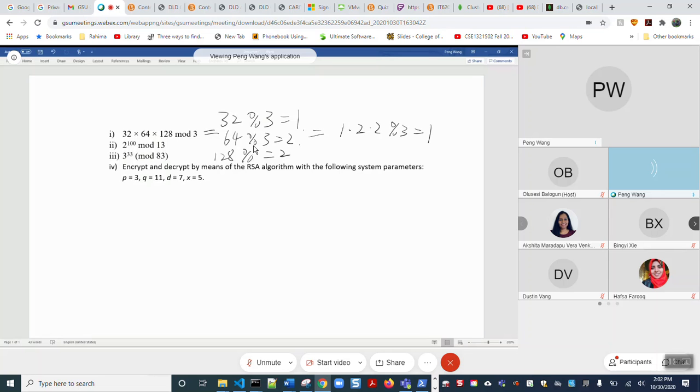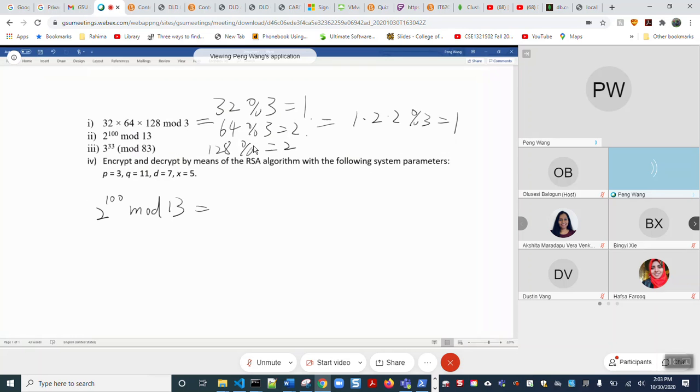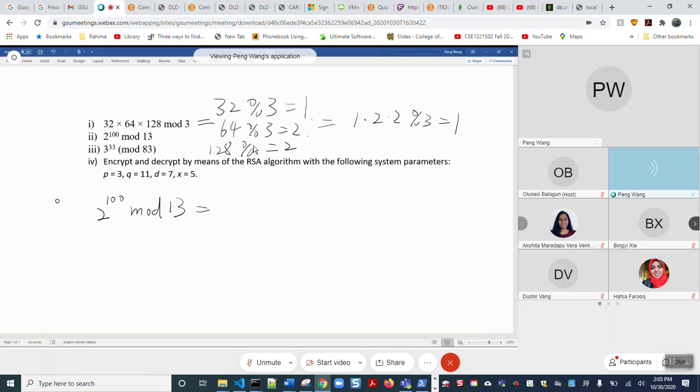And the second one is 2 power 100 mod 13. For this one, we need to use some tricky calculation.